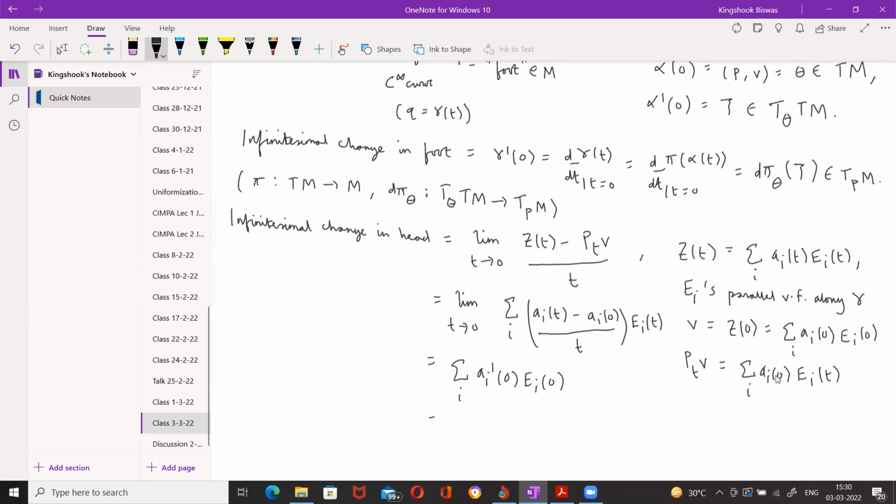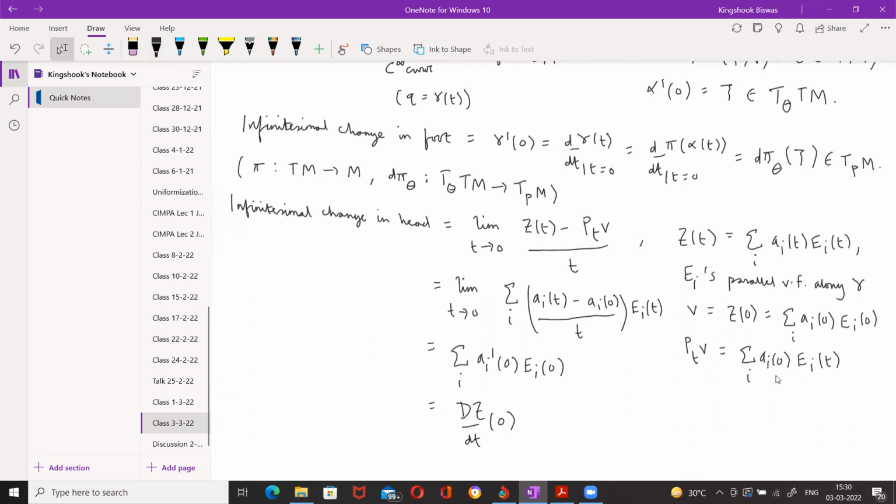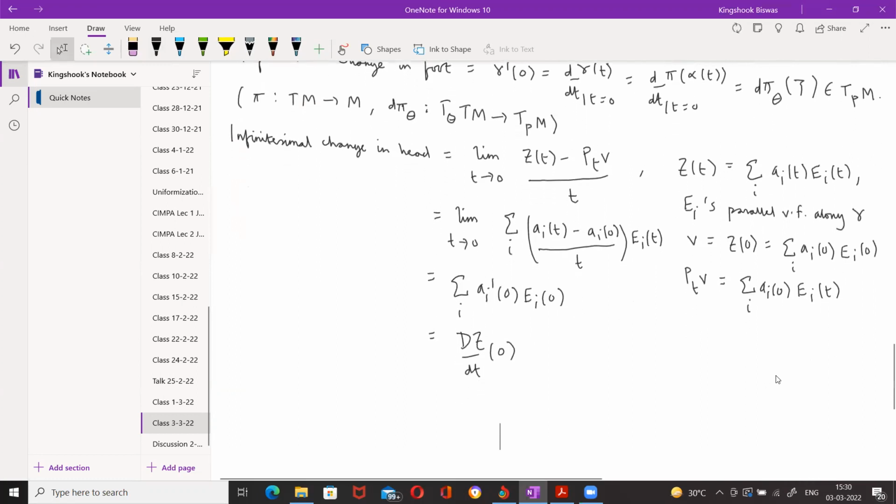So this is DZ_t/dt at 0, right? Yes, the covariant derivative of Z along the curve gamma at 0. Is this clear? Yes. So this is also an element of T_pM.